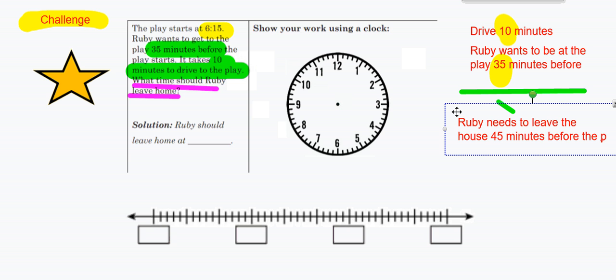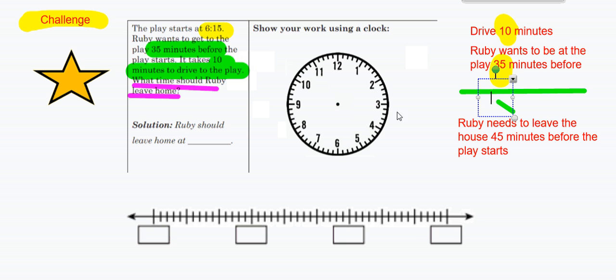starts. Okay? So now, it is your job to tell me using either the clock that is provided or drawing your number line to tell me what time she needs to leave the house to get to the play at 6:15.